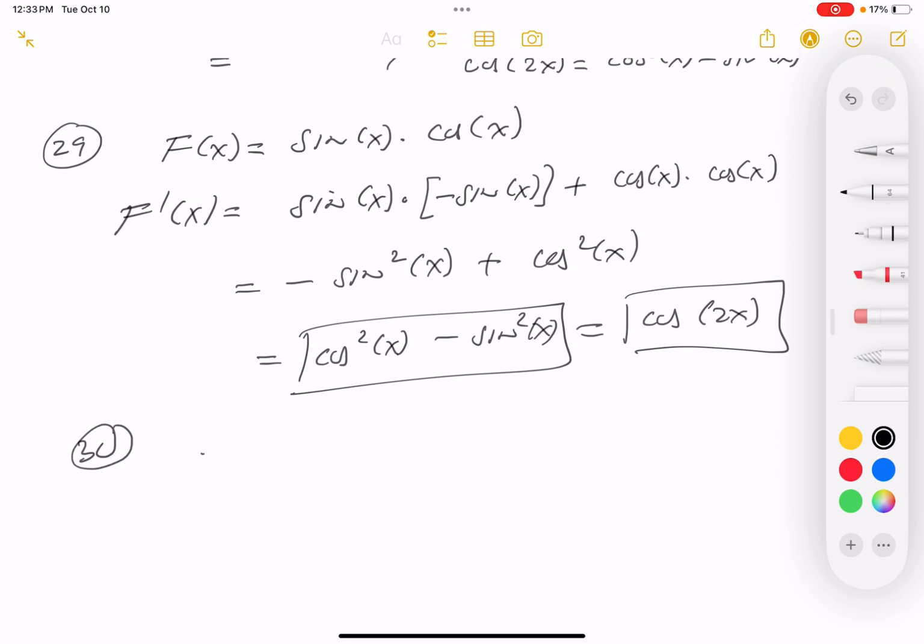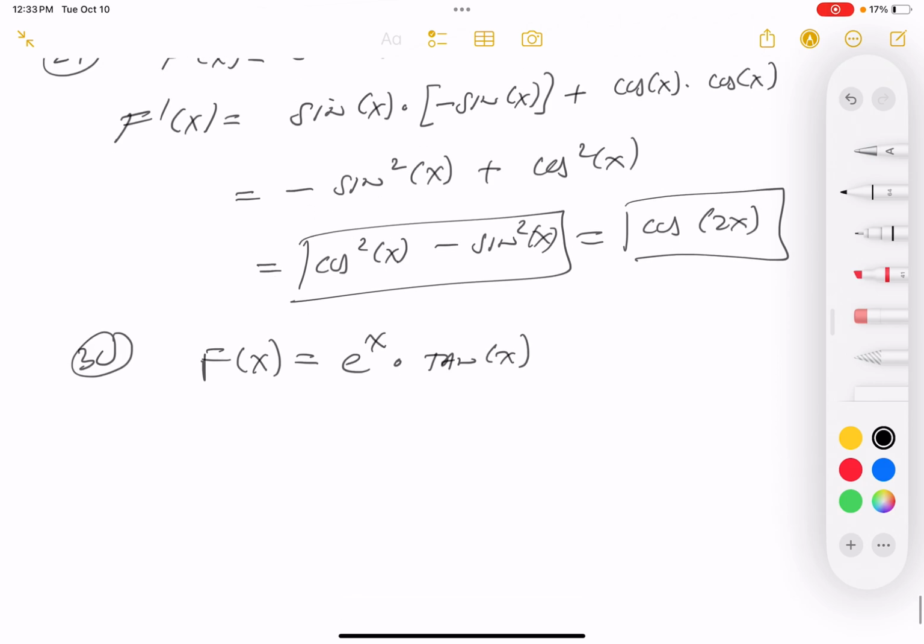30 is, I'm sorry, big F of x is e to the x times the tangent. Again, if you can't remember the derivative of tangent, you'd have to derive that, but hopefully it's fresh in your mind from class or from study. So I'm going to say the first function times the derivative of the second function, which is secant squared, plus the first function, which is e to the x, times the second function, which is tan x.